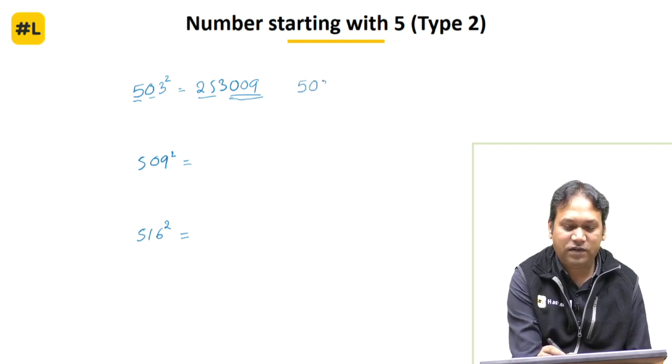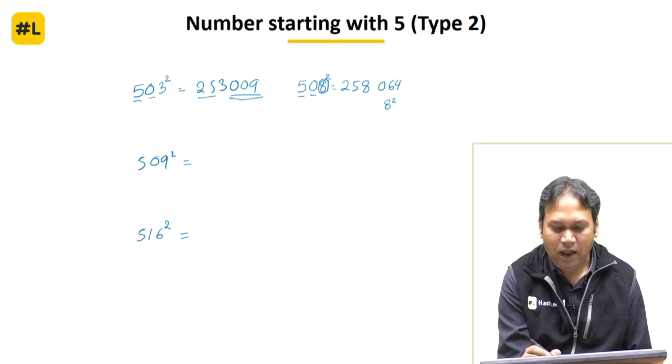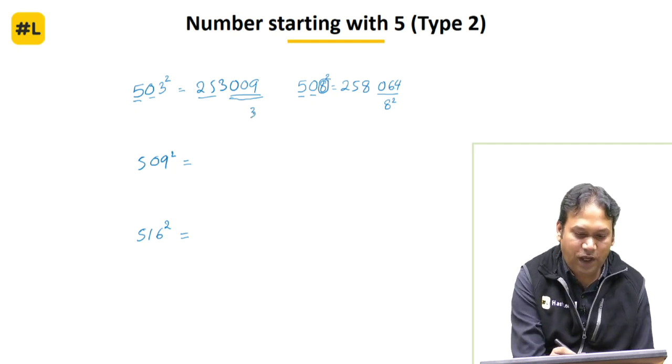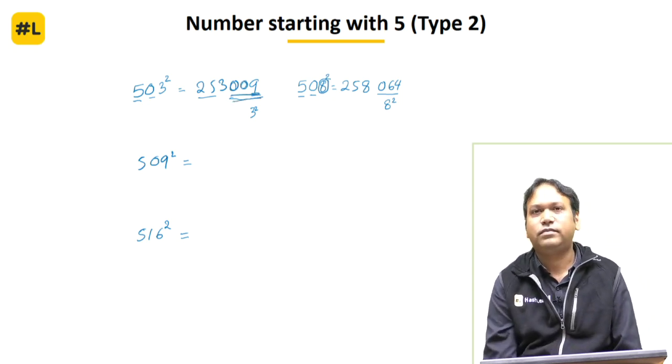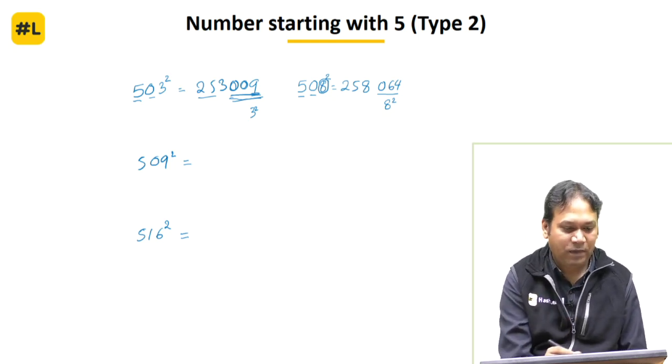When we had 508 square, 25 plus 0 was 25, 8 came in the center, and 8 square, which is 64, we added a 0 here because we need 3 digits. Here 3 square is 9, so I am adding 2 zeros because we need 3 digits. Correct? Everything is important to note down and understand.